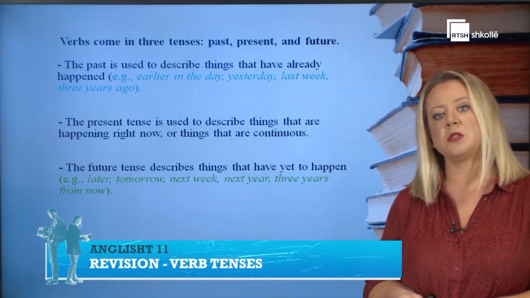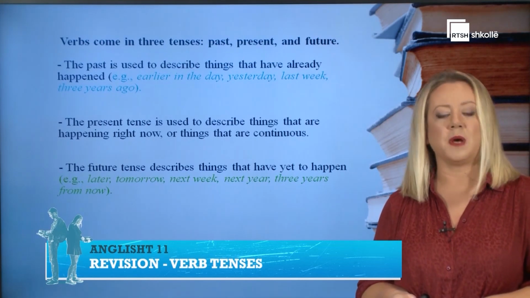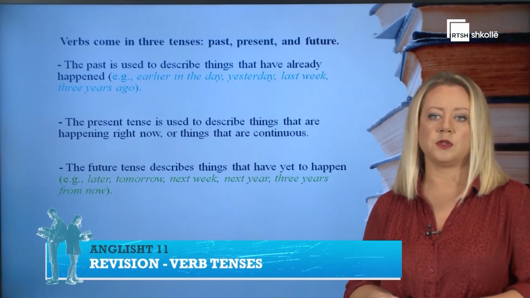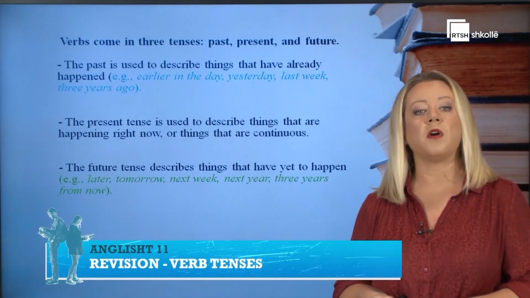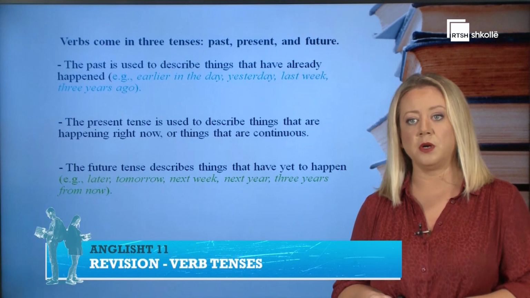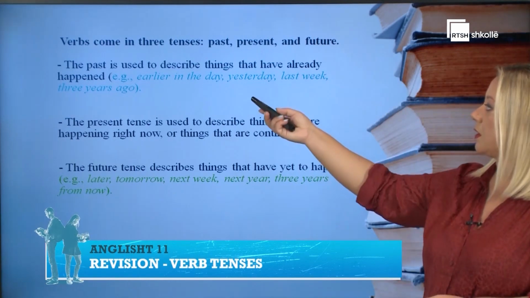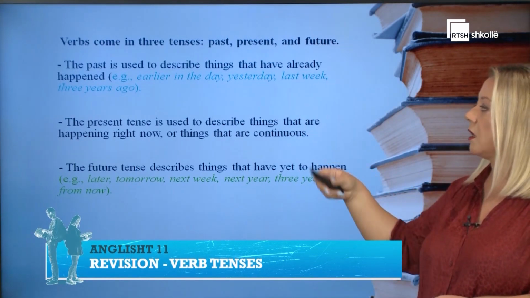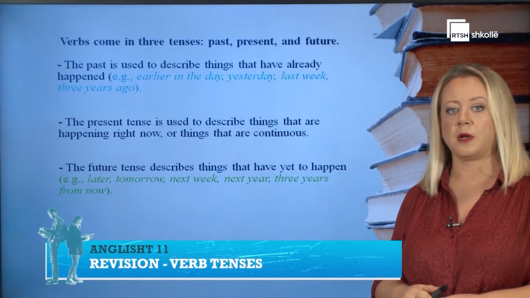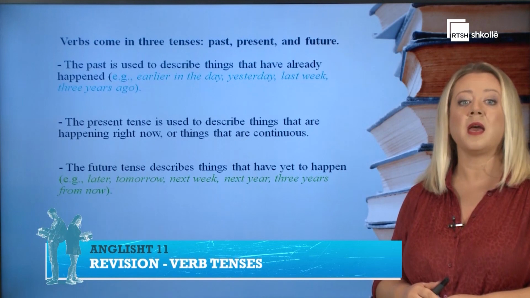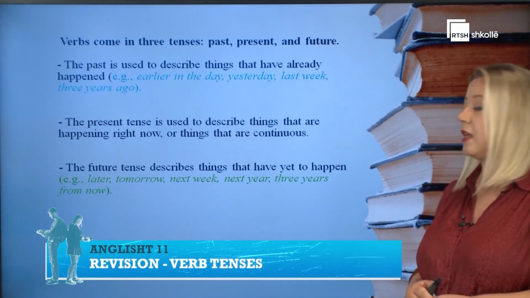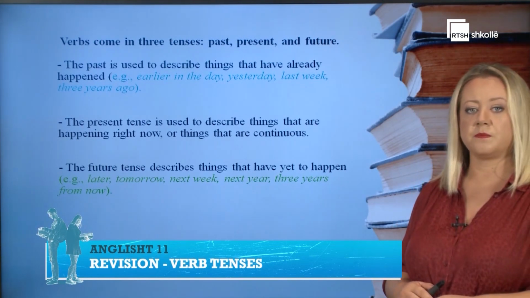Verbs in the English language come in three tenses: past, present and future. The past is used to describe things that have already happened before, for example, earlier in the day, last week, 3 years ago, etc. The present tense refers to things that are happening right now or things that are continuous.